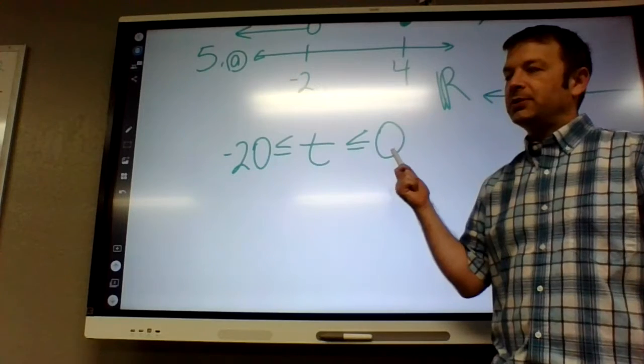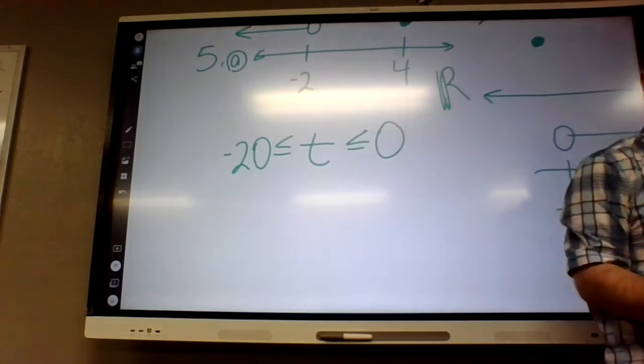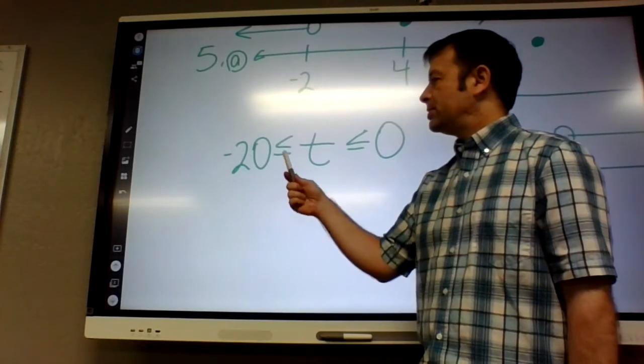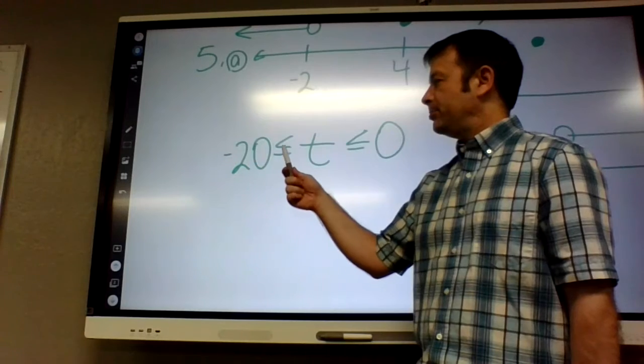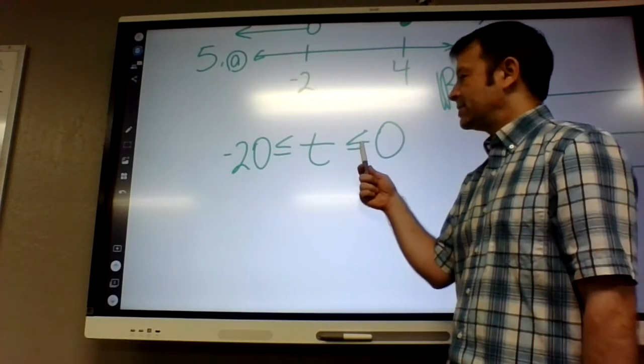That's where the trees like to grow. They're both less than or equal to. So the temperature could be greater than or equal to -20, and it's less than or equal to 0.